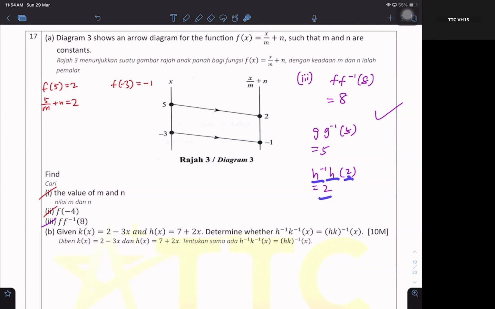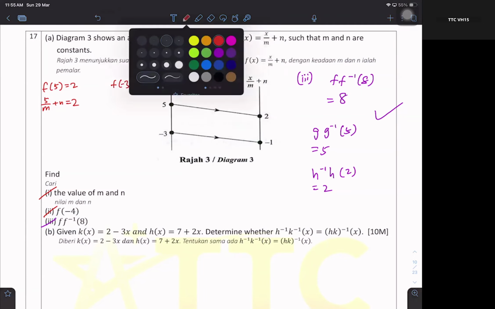Same as the bracket, so no need to do anything. Just 8. Understand? Because of logical thinking. Original is from left to right. Inverse is the reverse, so you go back to the same place, right?